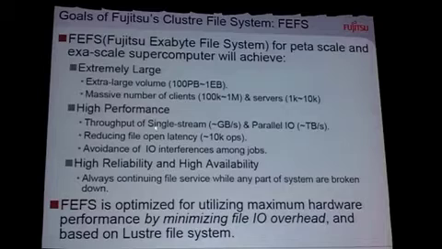The second is high performance: throughput of single stream and parallel I/O, and also reducing file open latency and avoiding interference among jobs. Third, of course, the file system must have high reliability and high availability, so it always continues file service even when any part of the file system is broken. So our file system is optimized for these features.